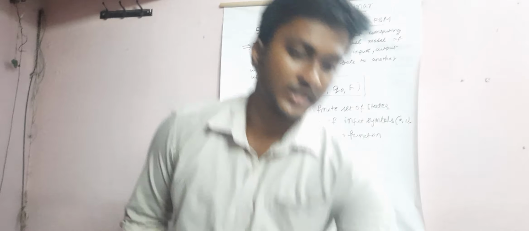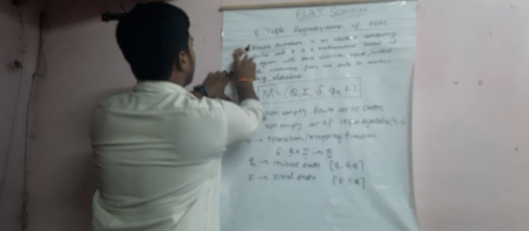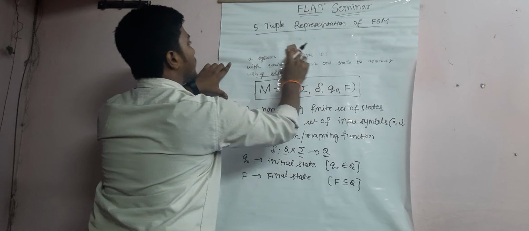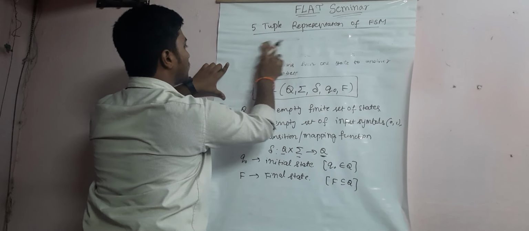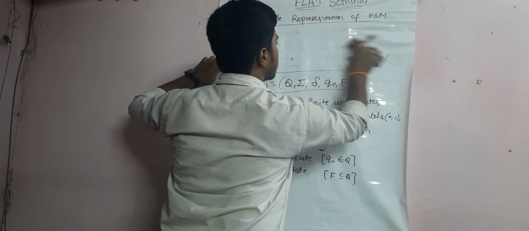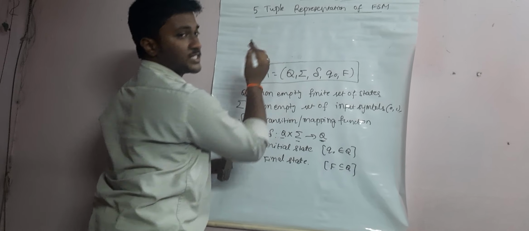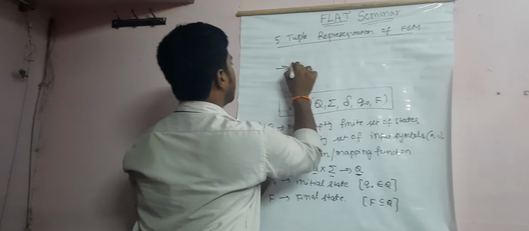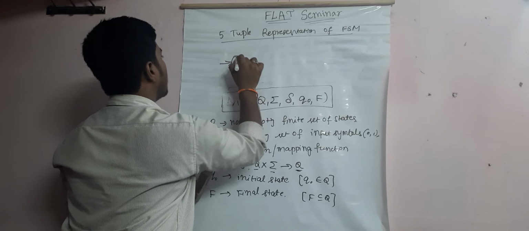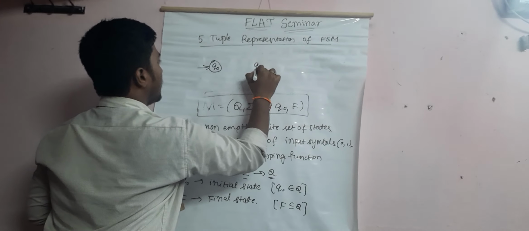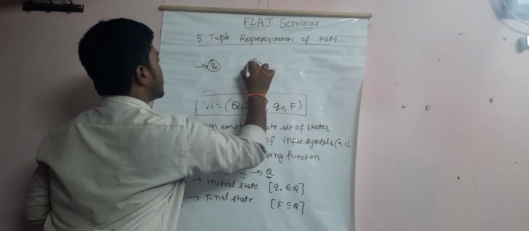Now I will explain it with a simple example. Using this example, we can denote all the 5-tuple representations. Let us consider this finite state machine having the initial state Q0, and there is another state, this is the final state.